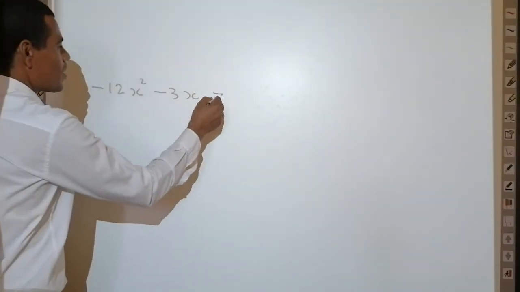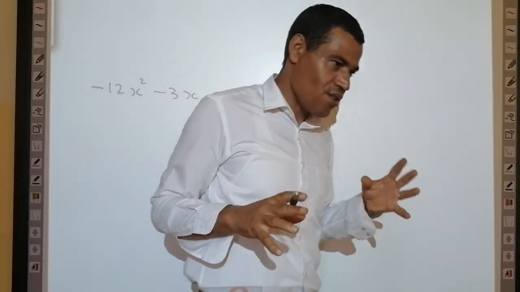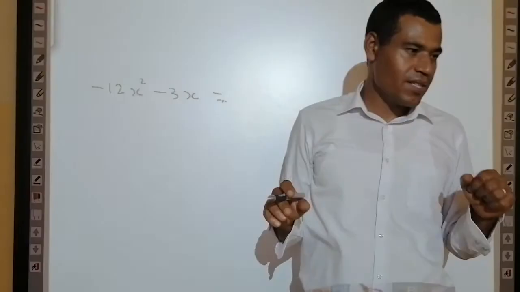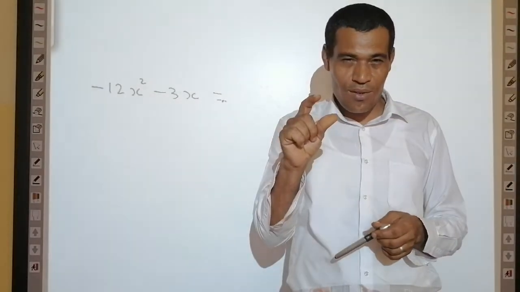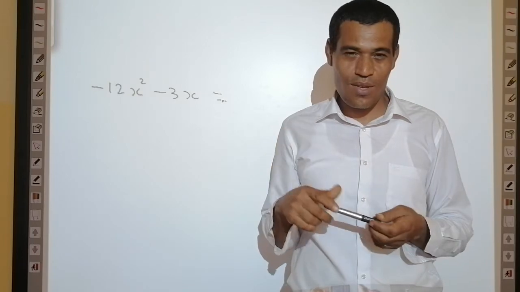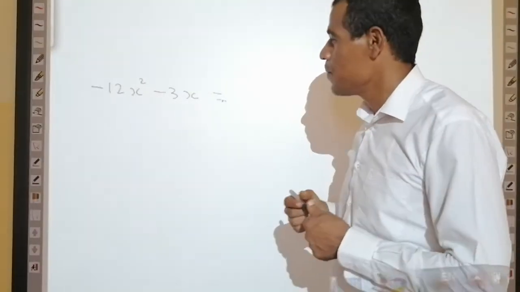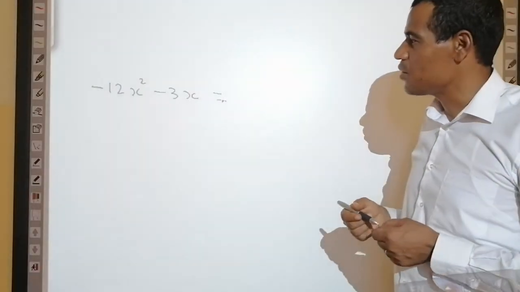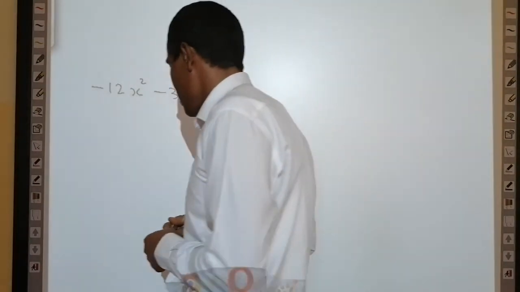Here, learners, I will try to find what exactly? I will try to find the highest common factor of negative 12x squared and 3x. In your opinion, you can stop the video and answer this question. So, who can figure out the highest common factor of negative 12x squared and 3x? Okay?